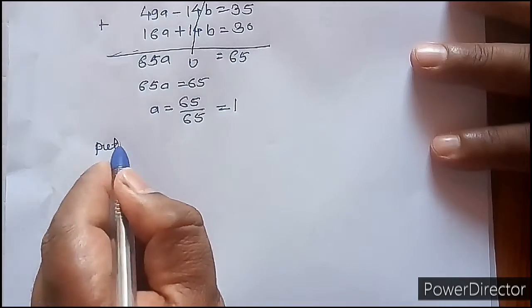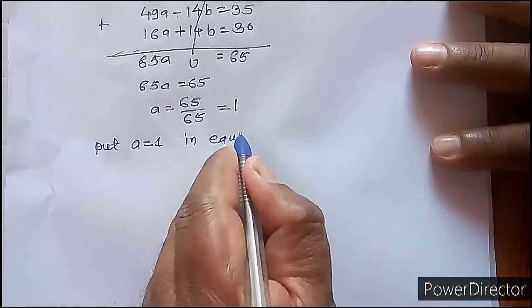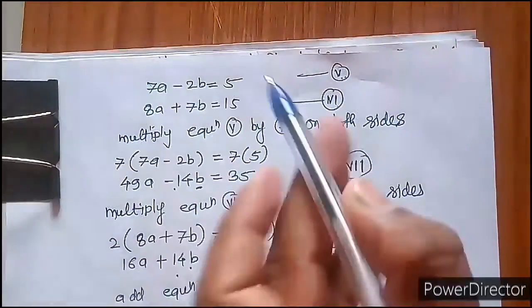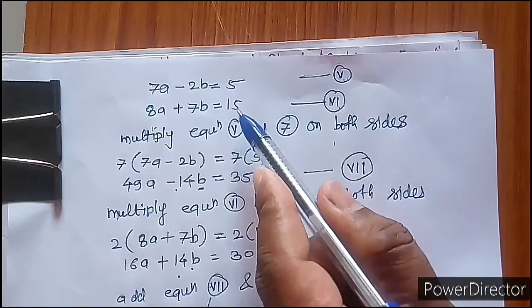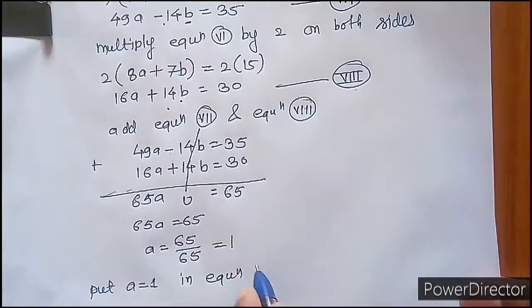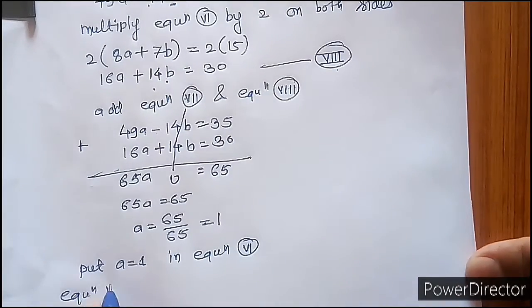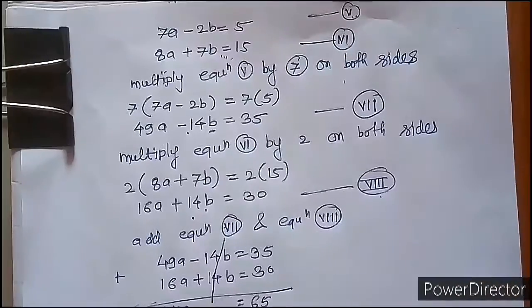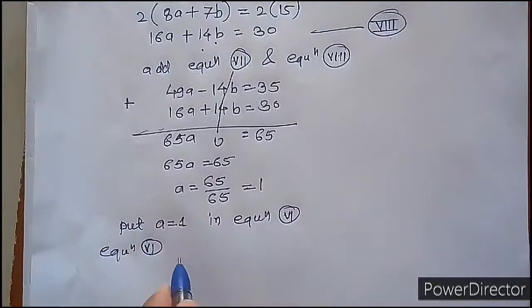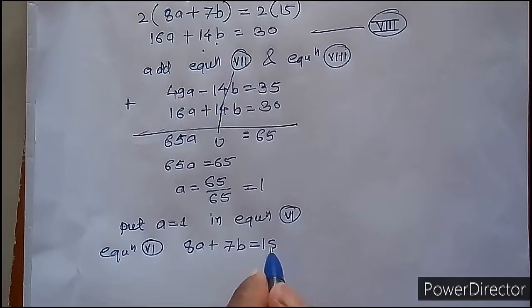Then put a equals 1 in an equation. You can put it either in equation 5 or in equation 6, but we are putting it here in equation 6. Equation 6 is 8a plus 7b equals 15.